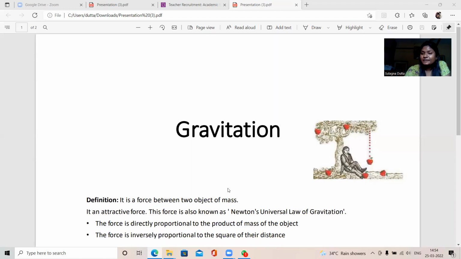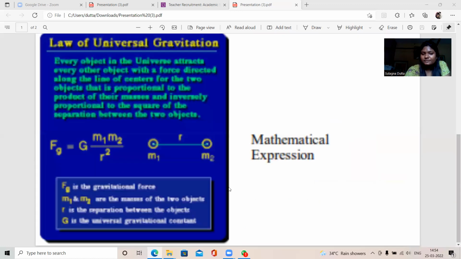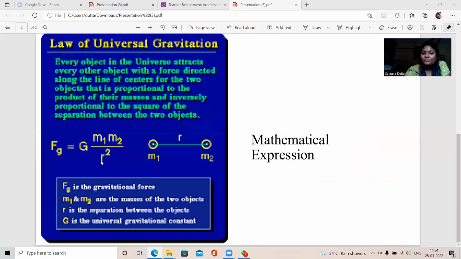The mathematical formula, I repeat, is G m1 m2 by r square. Today's class is based on that formula. And we can solve all the numerical problems by this formula, and try to remember the G value, that is 6.67 into 10 to the power minus 11, as I told previously.